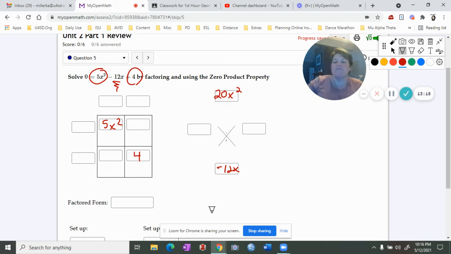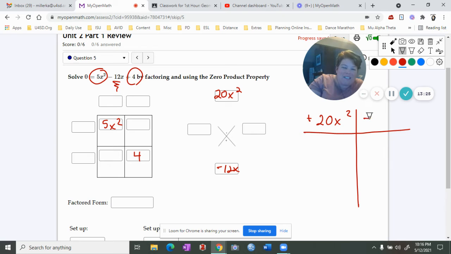That's my middle term. Okay, so what multiplies to positive 20x squared but adds to negative 12x? Now, a positive product and a negative sum tells me that both of these need to be negative.